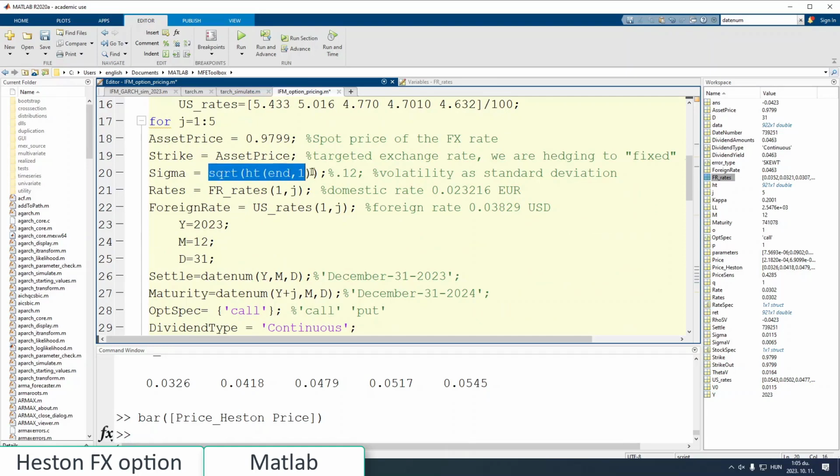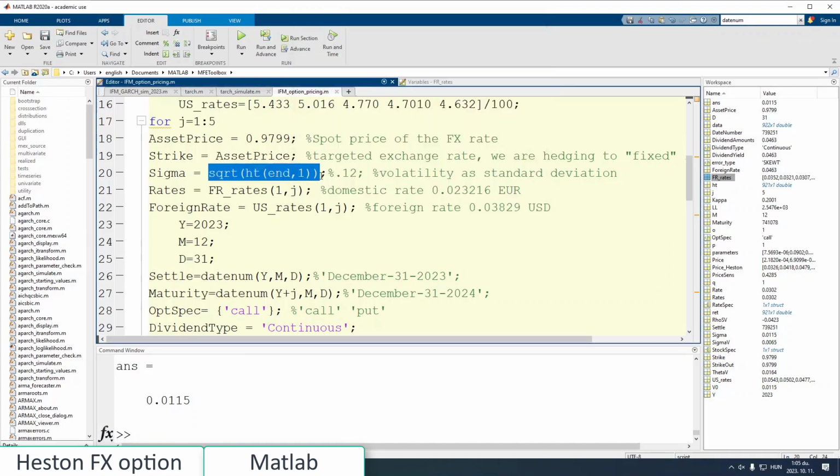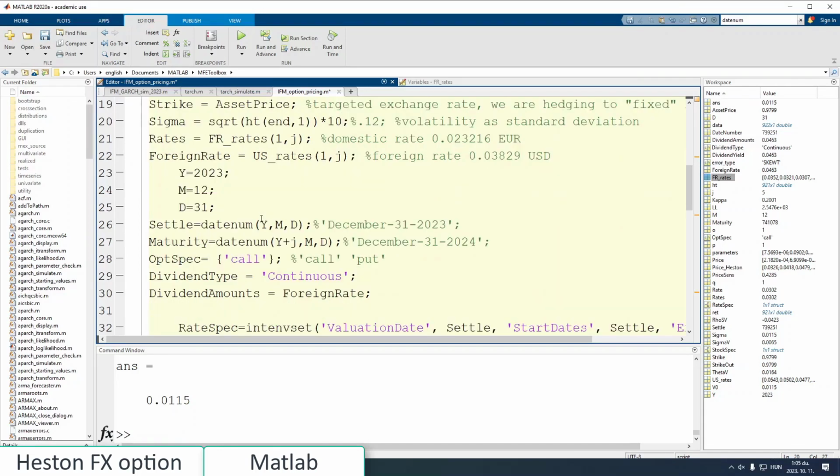Square root. Do you have a problem? Sometimes they have this issue with the sigma. Let's multiply it by 10, because they are thinking in basis points instead of a number.